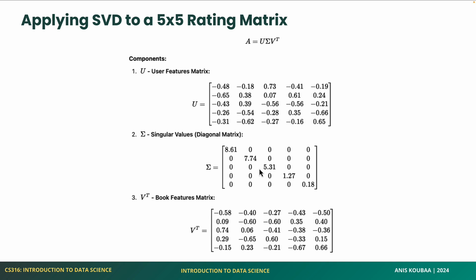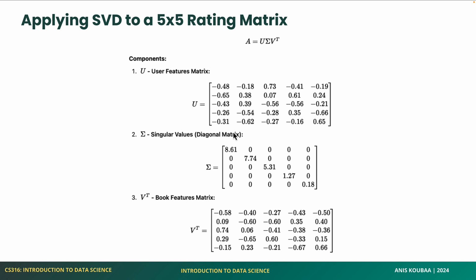And these are what? What are these? These are the singular values, which are the square root of the eigenvalues, and they represent the magnitude of the importance of this eigenvector and this one.